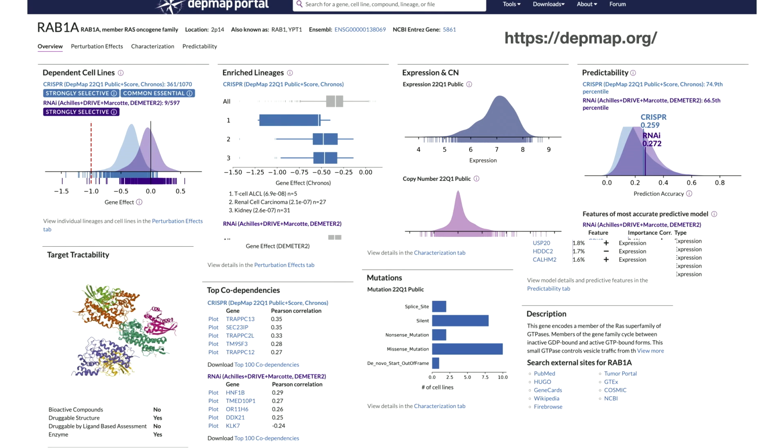So I found this nice site just to validate this. We didn't include this data, but RAP1A is essential in human experiments. It is strongly selective and common essential. That's a very interesting site, in fact.